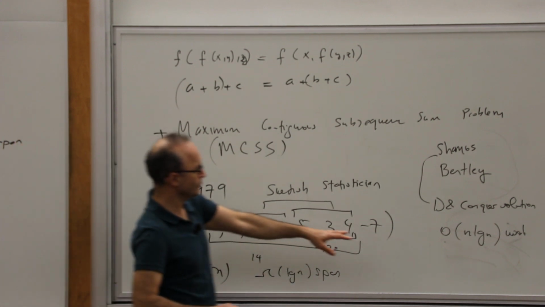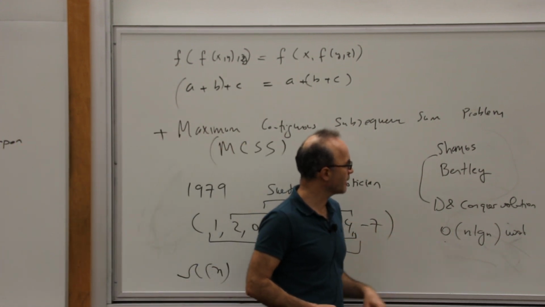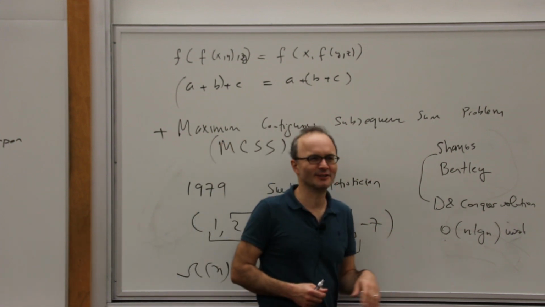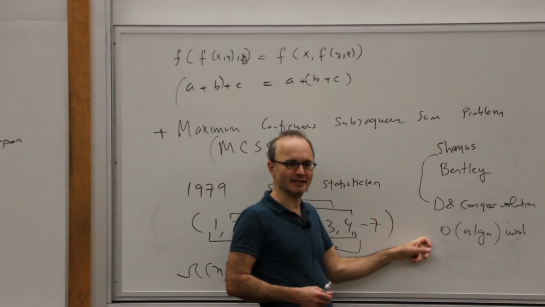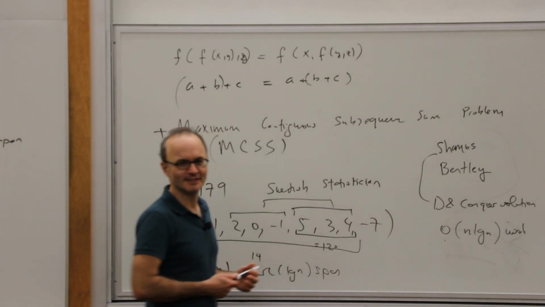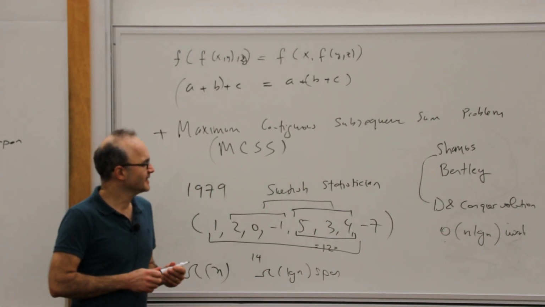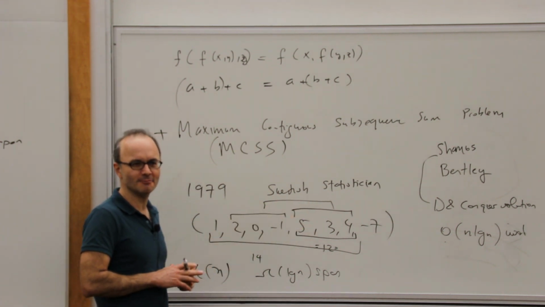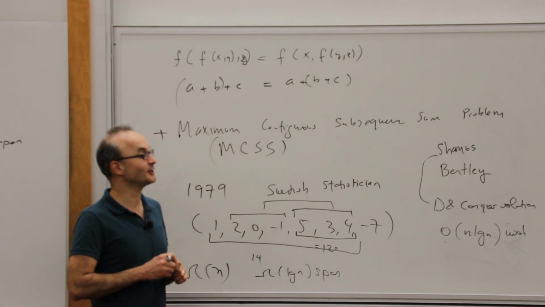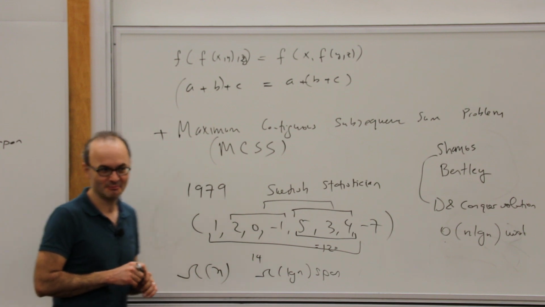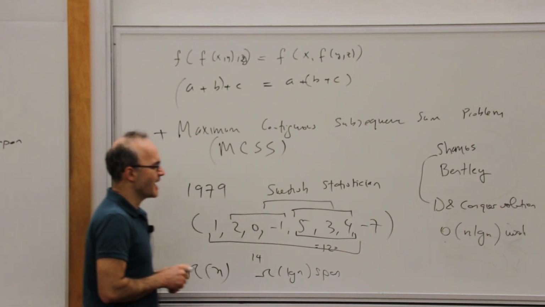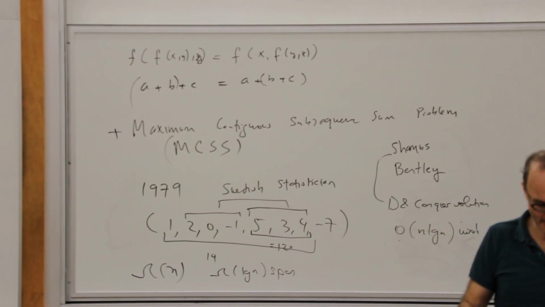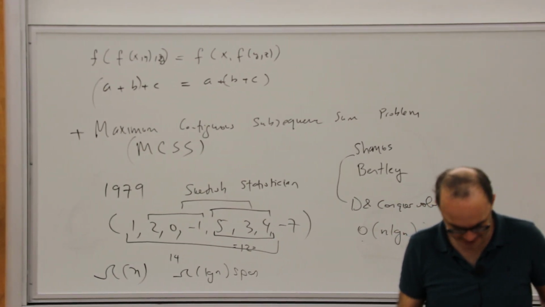So Shamos' solution actually wasn't work optimal. And Bentley and Shamos talked together for a while, apparently, and then they decided this is the best you can do. And then I think Shamos gave a talk on the problem at Carnegie Mellon in a statistics department meeting. And a statistician there, Jay, who is still around, so I see him, but I can't remember his last name.